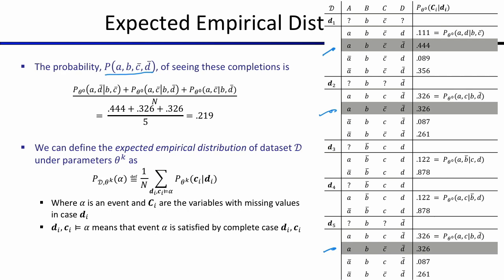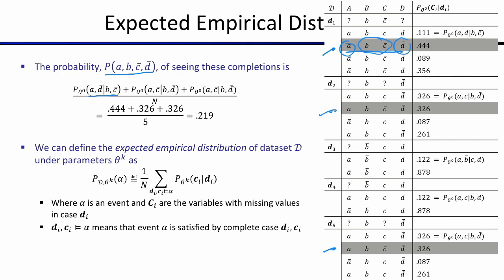So for this case d1, we have this instantiation that matches the instantiation that we are looking for, a, b, not c, and not d. And in this case, this conditional probability is the following. It's going to be the probability of a and not d. These are the two completions that we made, given b and not c. That is fixed because this came from the case. Exactly what is being expressed here.